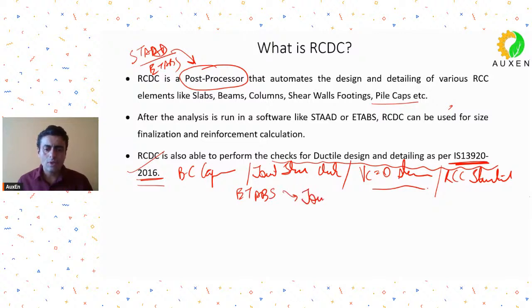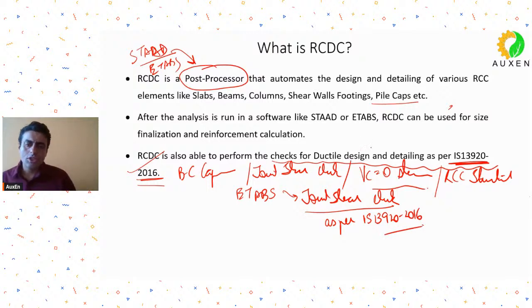The ETABS joint shear check as per the American code, ACI 318, is done correctly, but the ETABS joint shear check as per IS 13920 is faulty. It has a problem in it. Those issues are also resolved if you are using RCDC for ductile design and detailing.